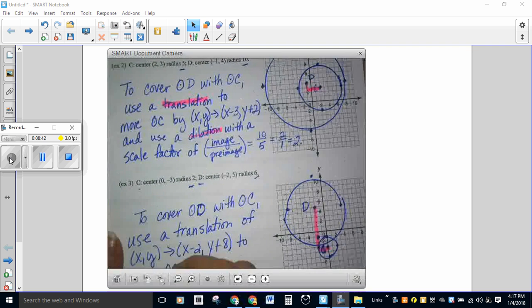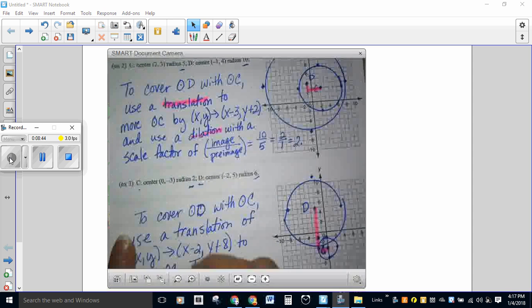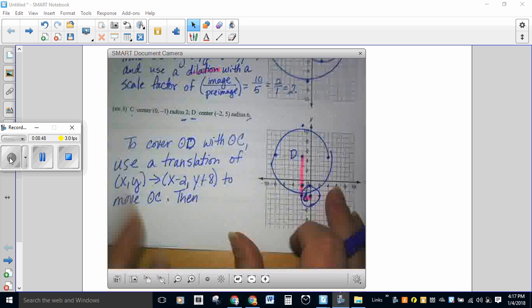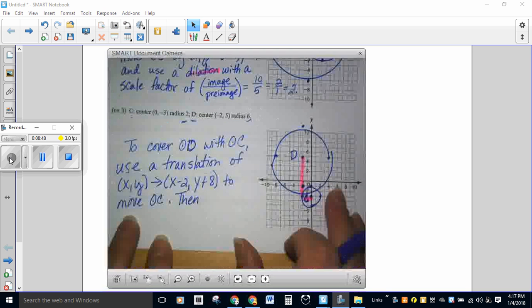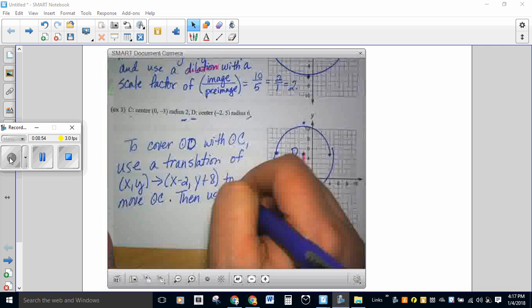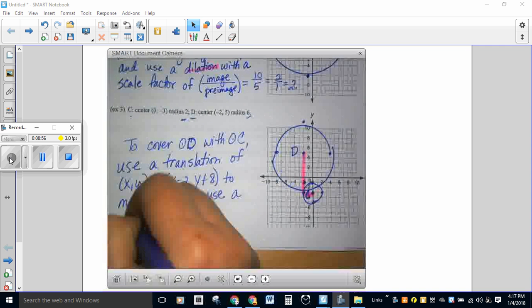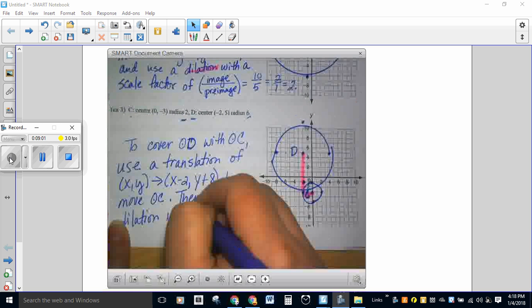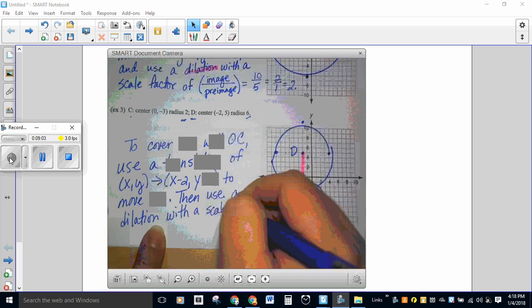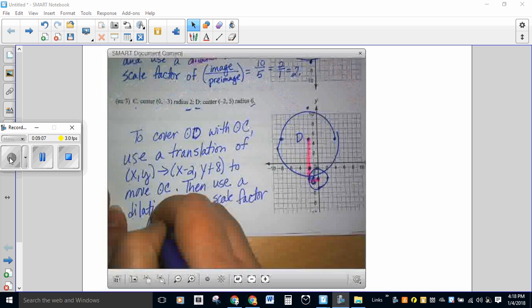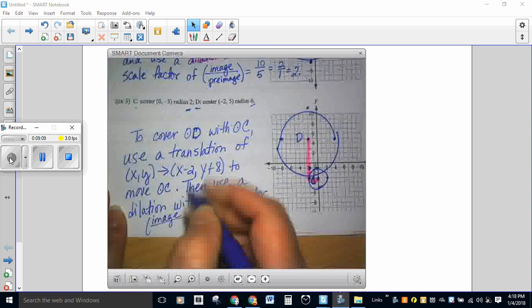Then use a dilation with a scale factor, again, image where we end up over pre-image where we start.